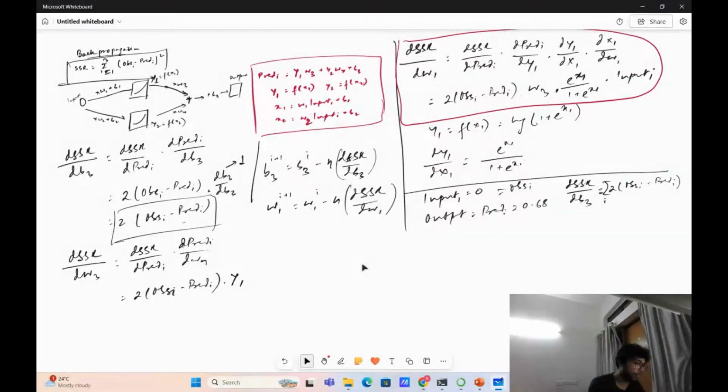For all these values you will have some observed value and predicted value. You subtract them, multiply by 2, and then add them all up, and that is the value of d SSR by dB3 that you get. Finally you update B3, and then you update all the parameters, and finally you get your neural network.